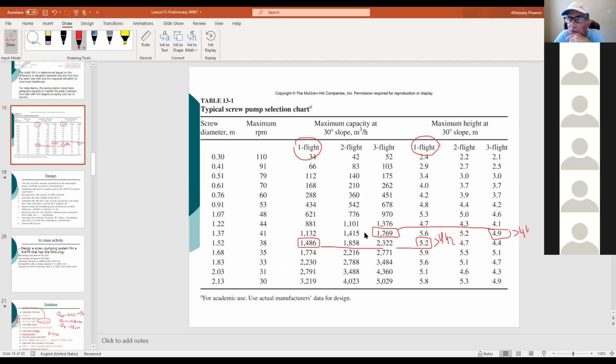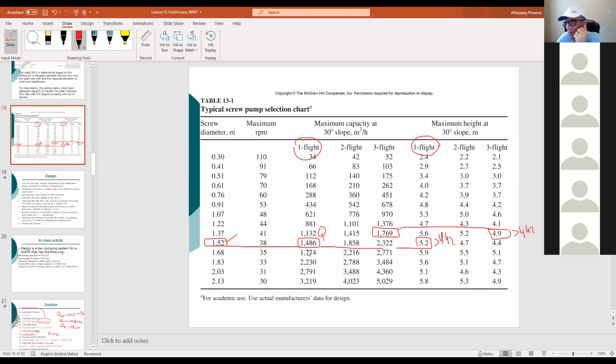So both are okay. 3 flight and 1 flight can do the job for you. This is too much higher than the 1443, so I would stick to this one. And I tell them I need a pump with a diameter 152. And this is what we call a Q catalog.